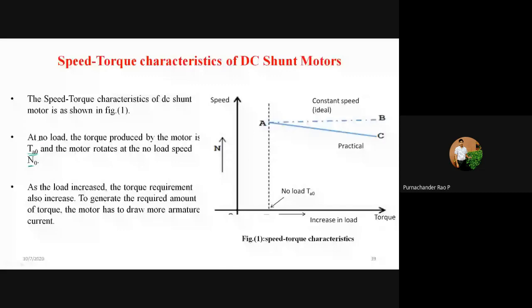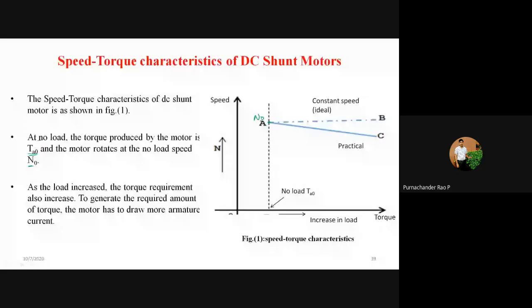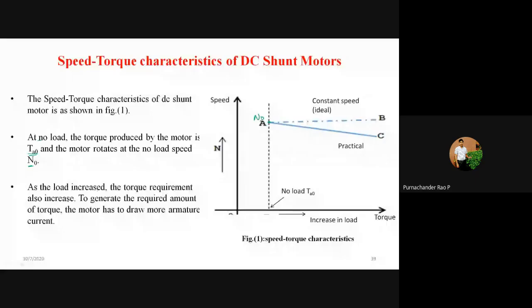Now, as the load increases, the torque requirement also increases. To generate the required amount of torque, the motor has to draw more armature current. That means your IA must be increased.